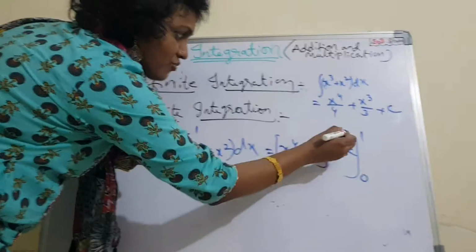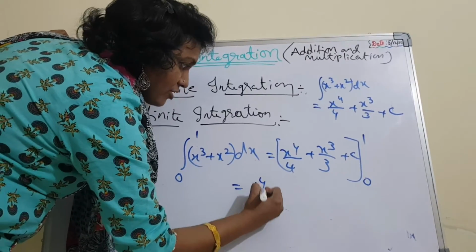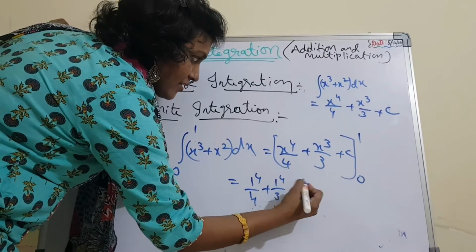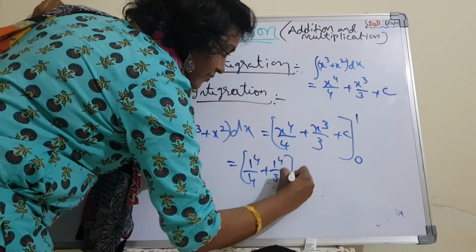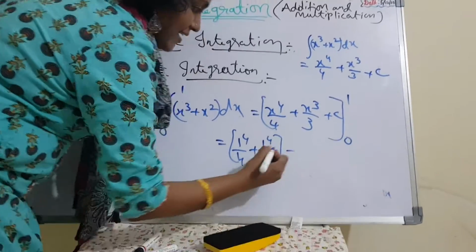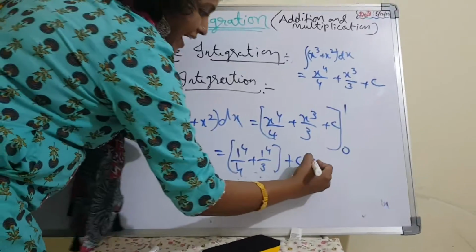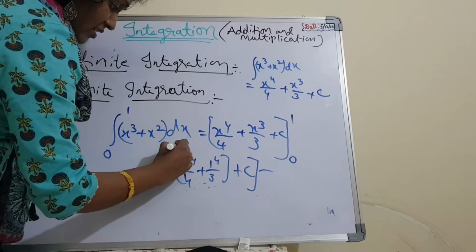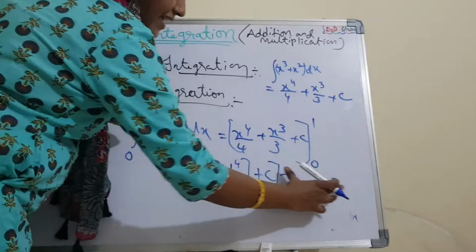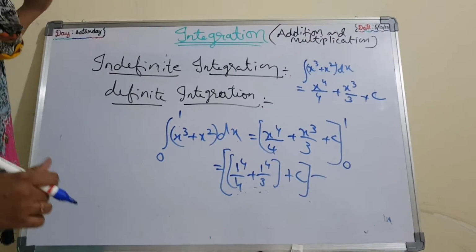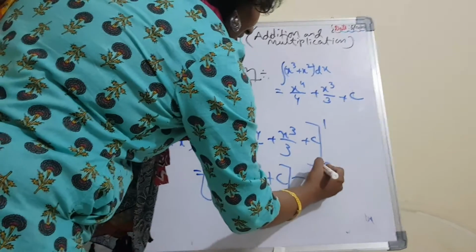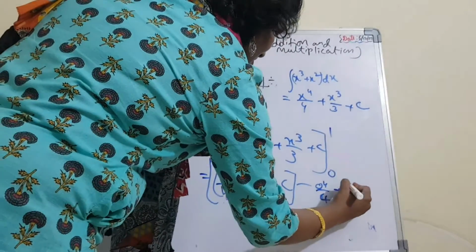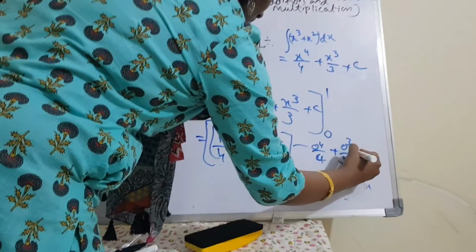First we will substitute 1: 1 power 4 by 4 plus 1 by 3 plus c, minus the lower limit. Upper limit minus lower limit. Lower limit means 0: 0 power 4 by 4 plus 0 by 3 plus c.